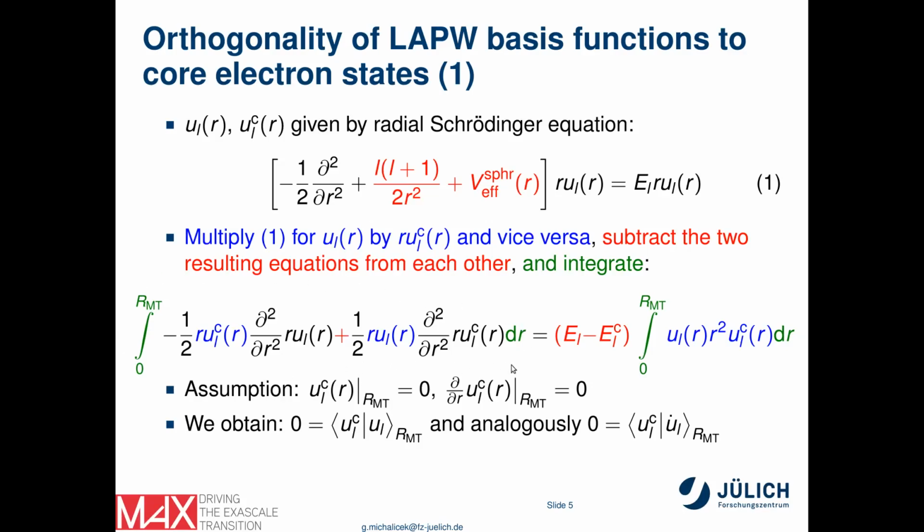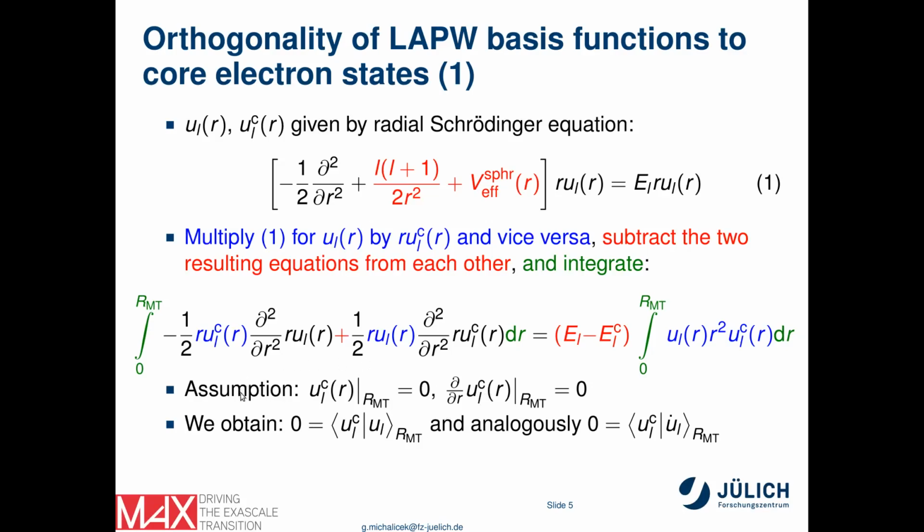And for this we have to evaluate the left hand side of the equation, and of course it's not directly obvious what this will give us, but if you do some integration by parts or if you apply Green's second identity, you will end up with two terms that become zero if the core electron wave function and its radial derivative vanish at the Muffin-Tin sphere boundary.